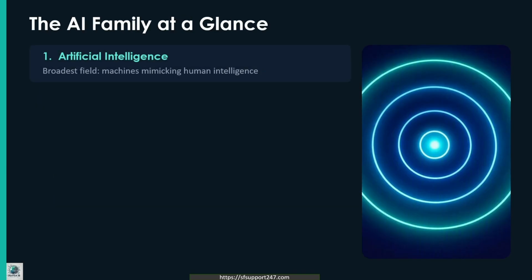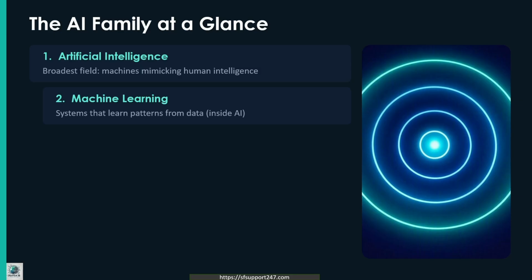And let's look at the AI family. So scientifically, what are the umbrella technologies? How do they structure? Initially, the top one is artificial intelligence. It's a broad field. In that, there is a subfield called machine learning, which is systems that learn from patterns or from data. In the next slide, I will give you a high-level view of what machine learning is.